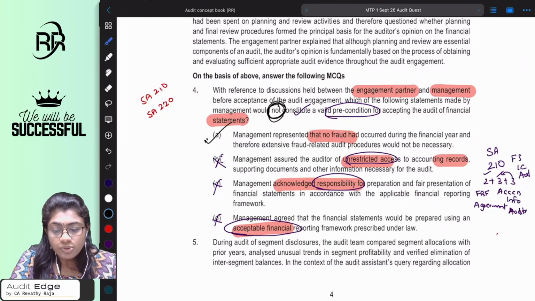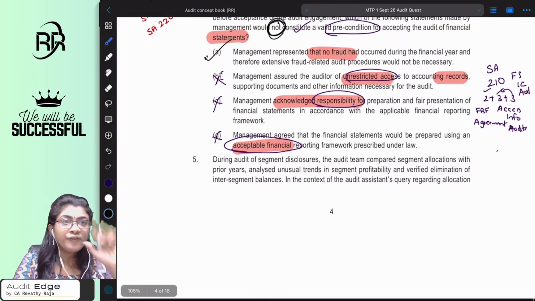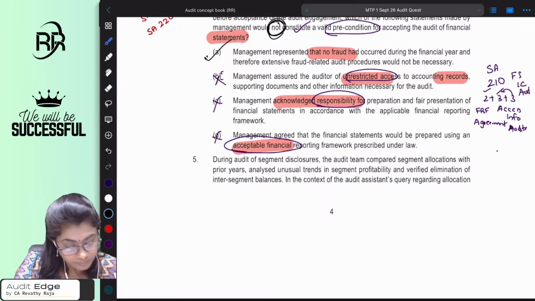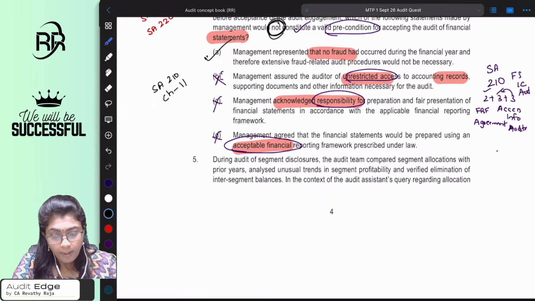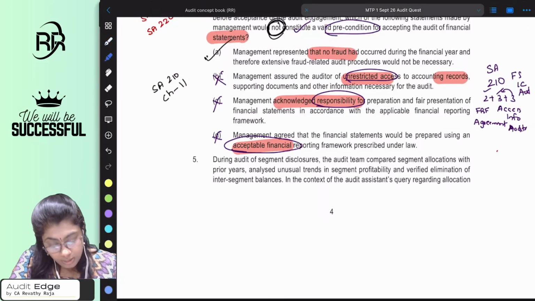Okay. Can we go to the next one? 5. So this is SA 210, chapter 11. Next one.